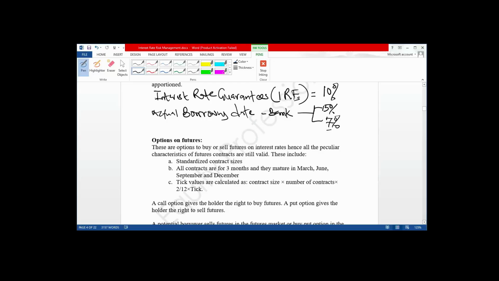Hence, all the unique characteristics of futures contracts are still valid. What are these characteristics? The contracts are standardized in size. You can have one contract, two contracts. You cannot have 5.5, no fraction. All the contracts are for 3 months.